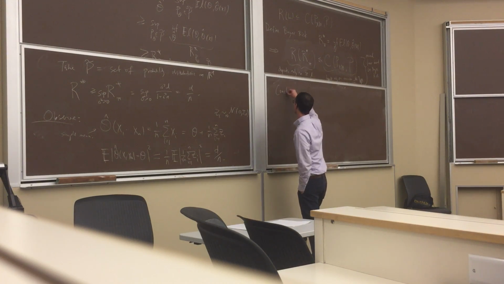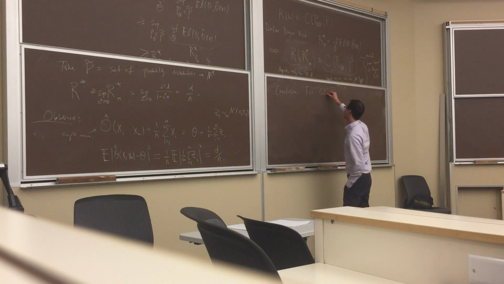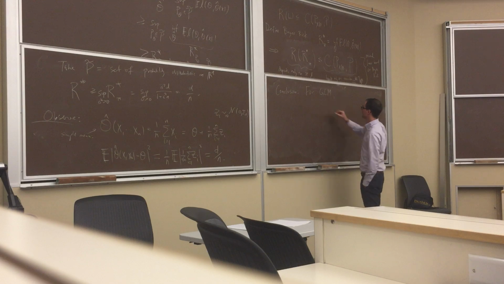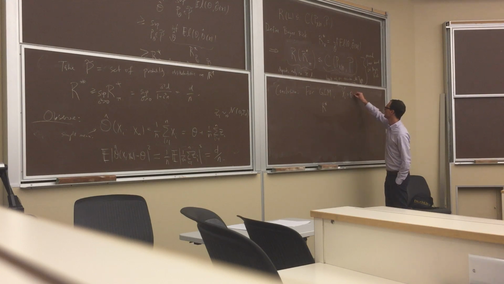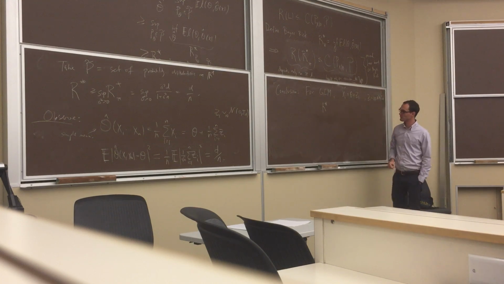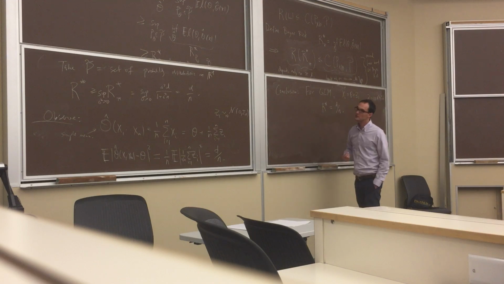Conclusion: for a Gaussian location model, X_i equal to theta plus standard normal, the minimax risk is precisely d over n.